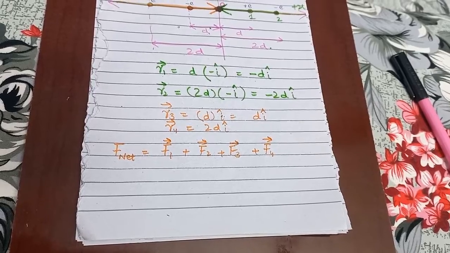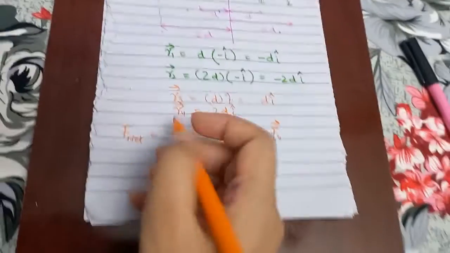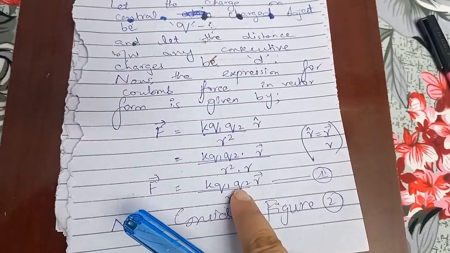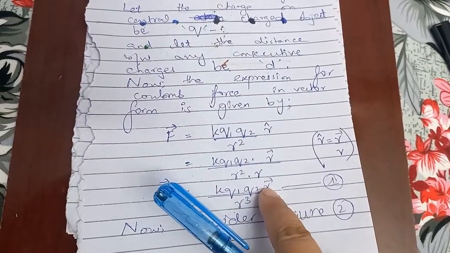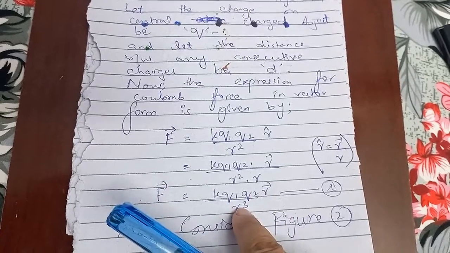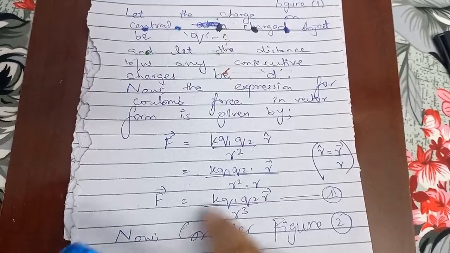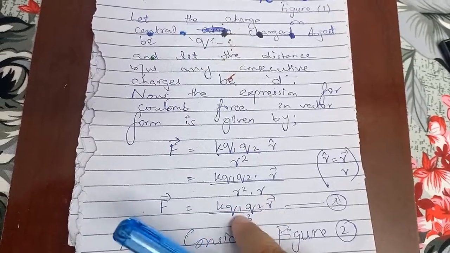You got what I'm saying. These are all vectors, and you know the formula that we'll use here. We just need to put in the values: q1 q2 by r cube times the r vector. We know the r vector, we know r, which is the magnitude of r, and we know these values for all of the vectors.